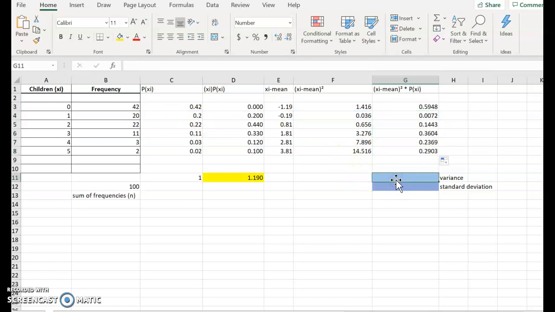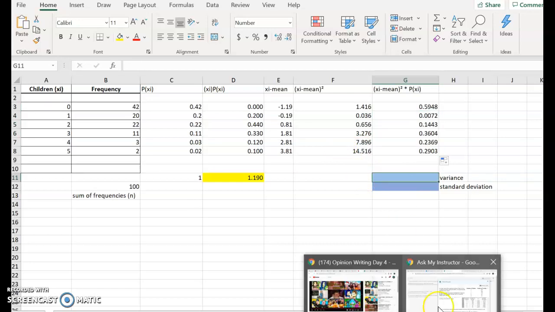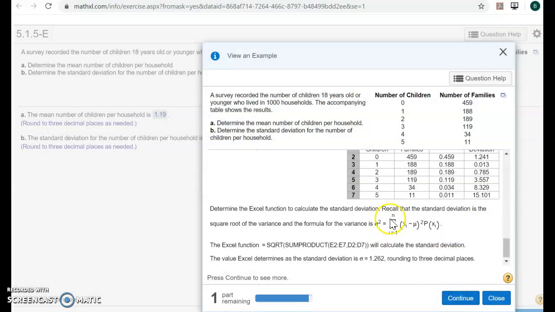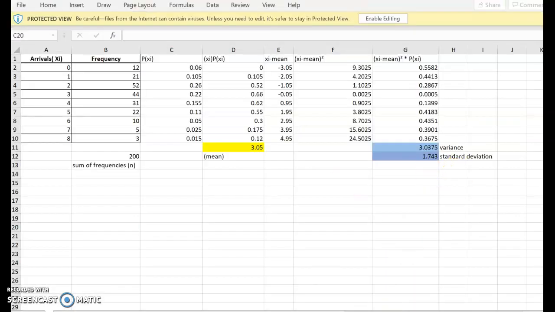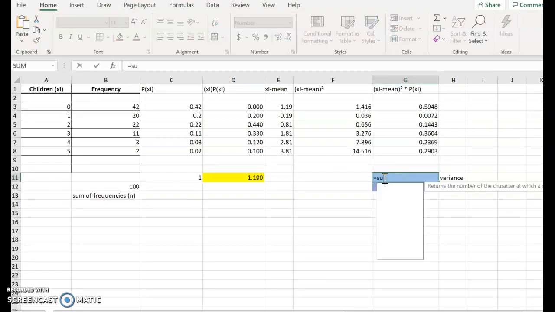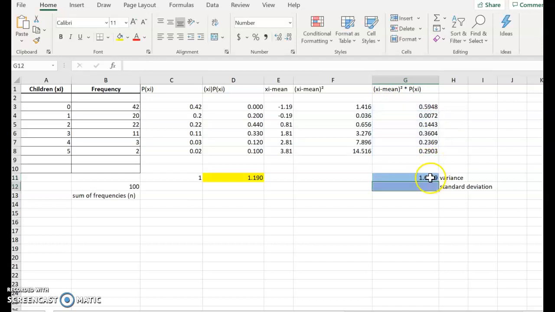Then the variance is the sum. When we add the sum of X minus the mean squared times the probability, when we add these up, that's the variance.